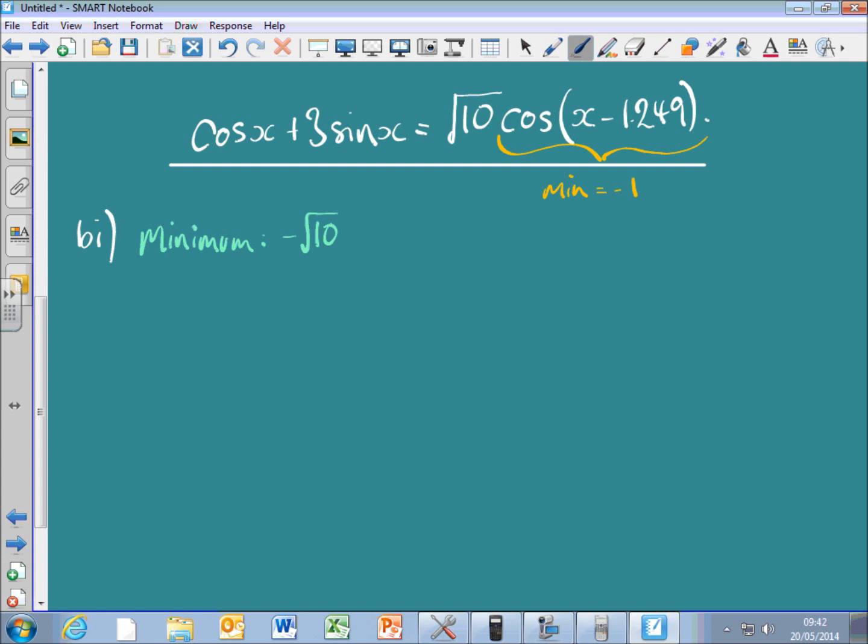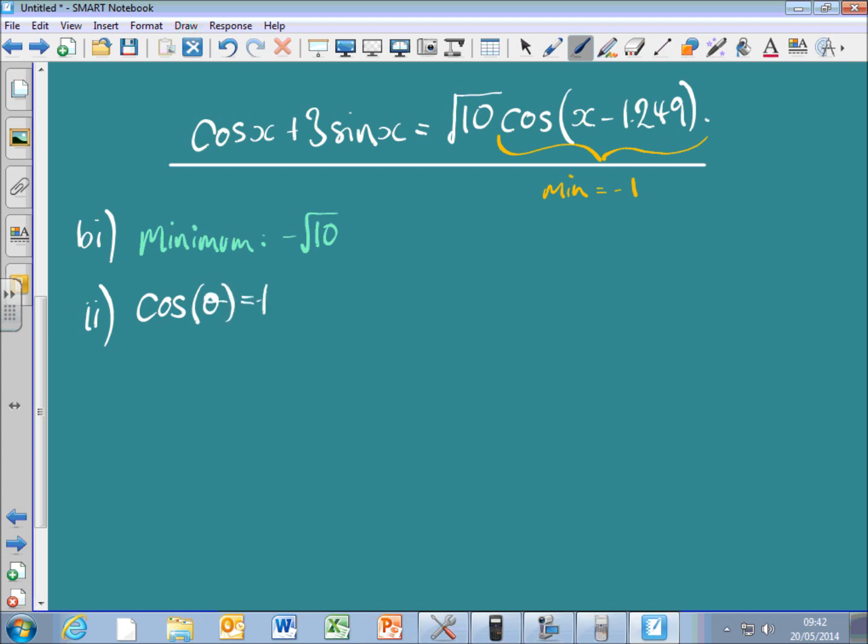So the next question, find the value of x in the interval 0 to 2 pi at which this minimum occurs. So we know that cos of theta equals minus 1.